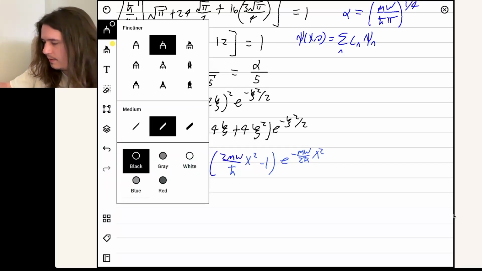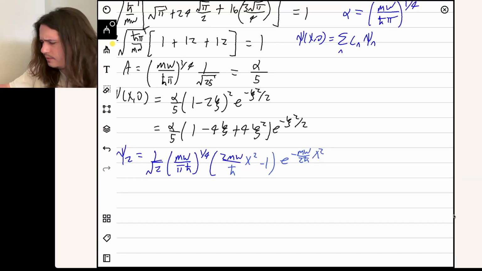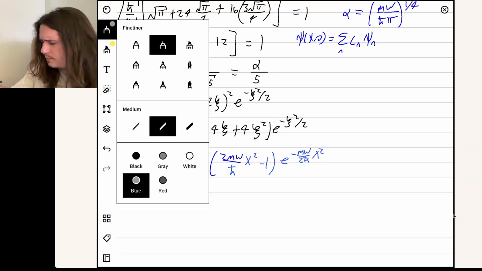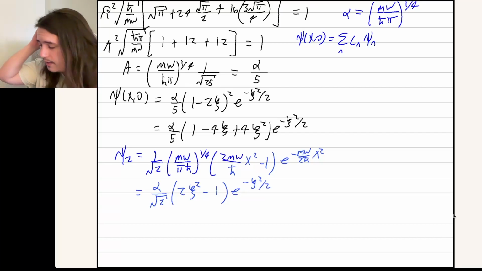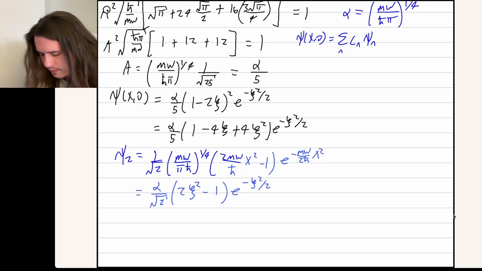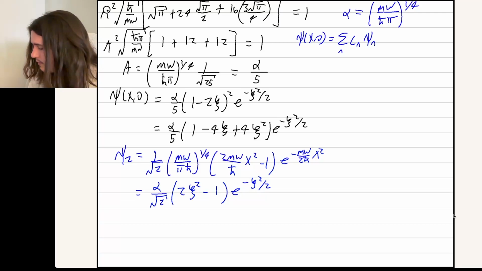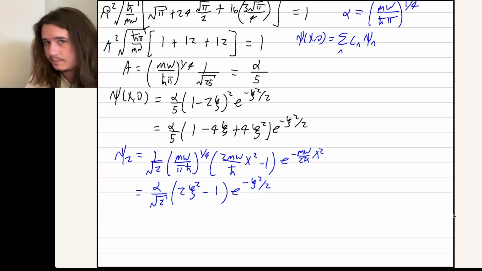But once we make the substitutions back to the ones for this problem, c and alpha, we just have alpha over root 2 times (2c squared minus 1) e to the minus c squared over 2. And so we're going to solve this for c squared to plug back into the wave function that we're working with.